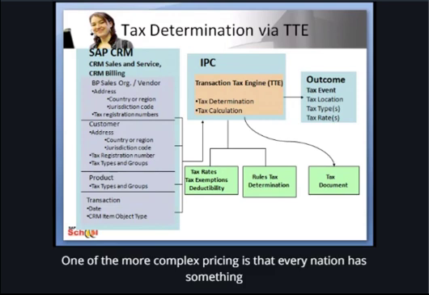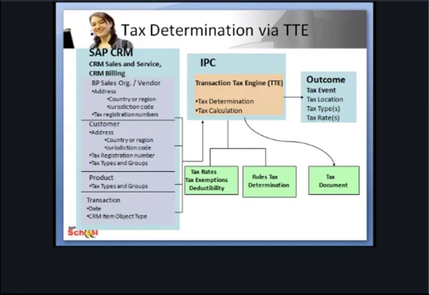One of the more complex areas of CRM pricing is tax determination. Now in CRM you have something which is called the TTE, the Transaction Tax Engine. This TTE is something unique to CRM in the sense it does not exist in ECC at the moment.